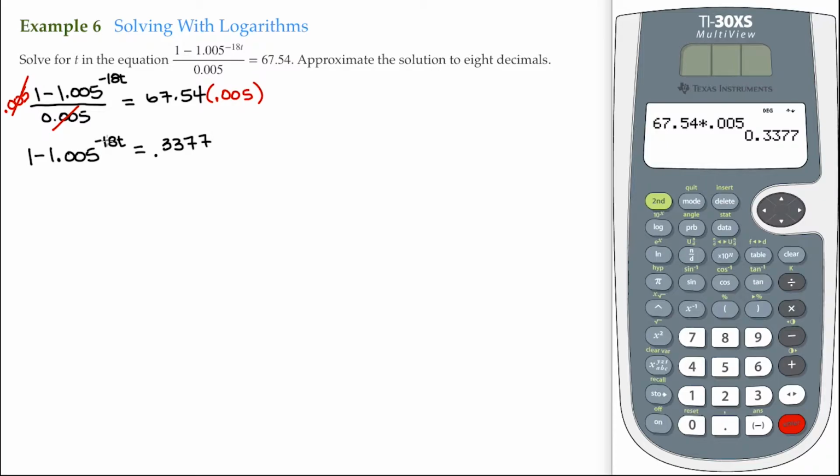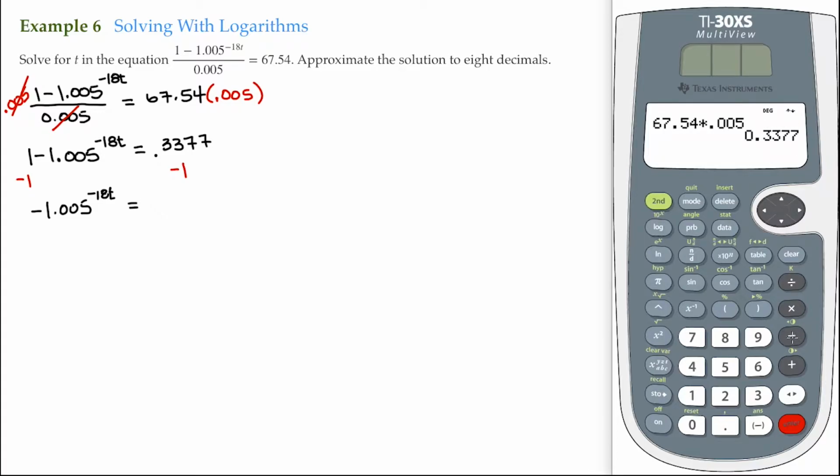I still need to isolate the term with the variable, so now I'm going to subtract 1 over here, and I'm going to subtract 1 from over here. This gives us negative 1.005 to the negative 18t power equals 0.3377 minus 1.